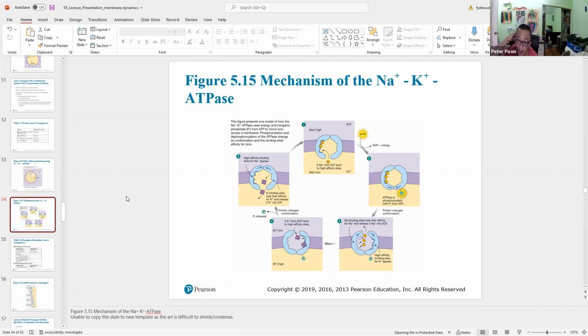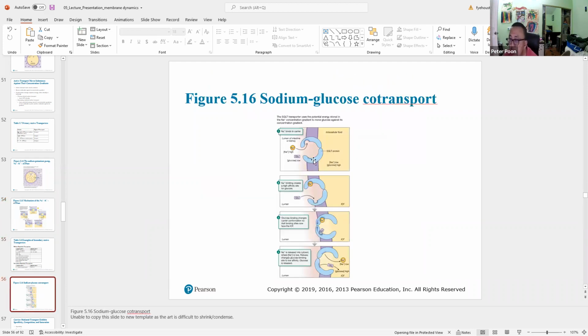And I've established an electrochemical gradient for sodium to want to come rushing back in. Because not only is there no sodium inside the cell, and therefore sodium wants to go from high concentration to low concentration, the inside of the cell is negatively charged. So sodium, being a positively charged molecule, wants to come in. So we are going to take advantage of that.